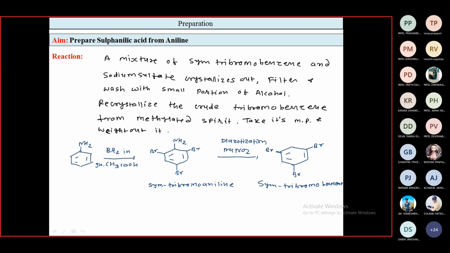The molecular weight of aniline is 93.13, and the final product is 2,4,6-tribromobenzene. The molecular weight of the product is 314.80 gram.